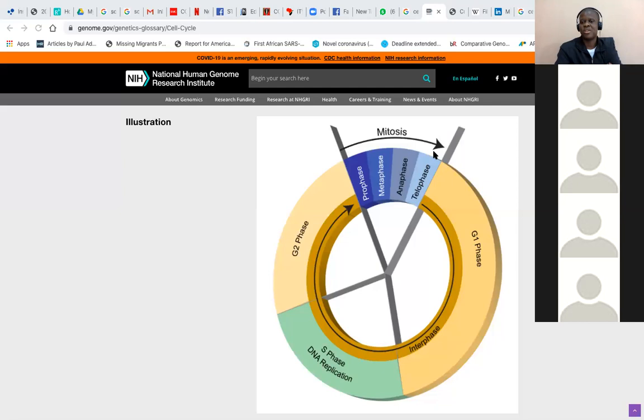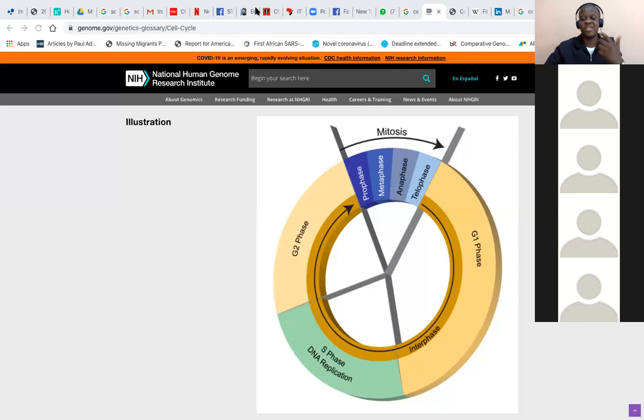And so what we are saying is that in G1 phase, the cell is growing. G represents growth. So G1 phase is the first phase of the growth of the cell. The cell will grow in size, everything will become mature and large enough to accommodate whatever needs to happen.